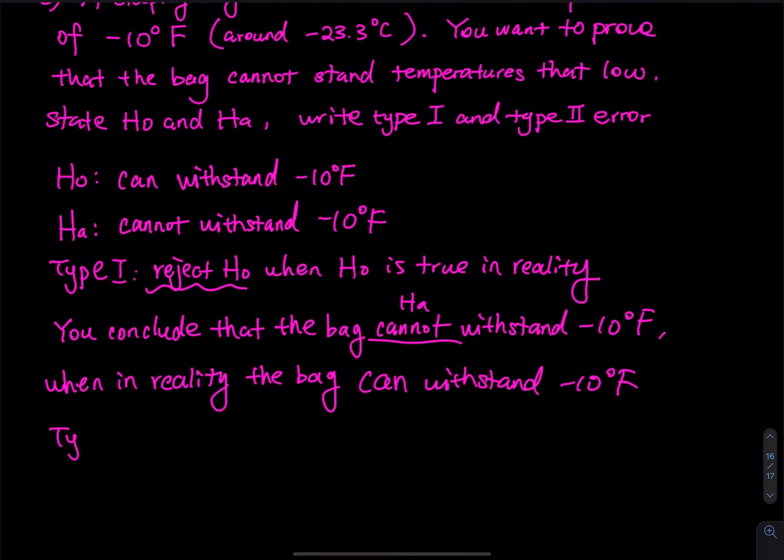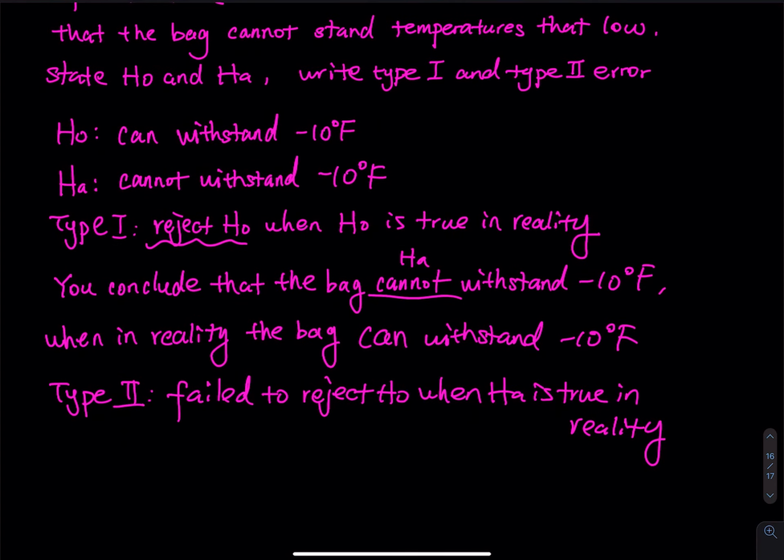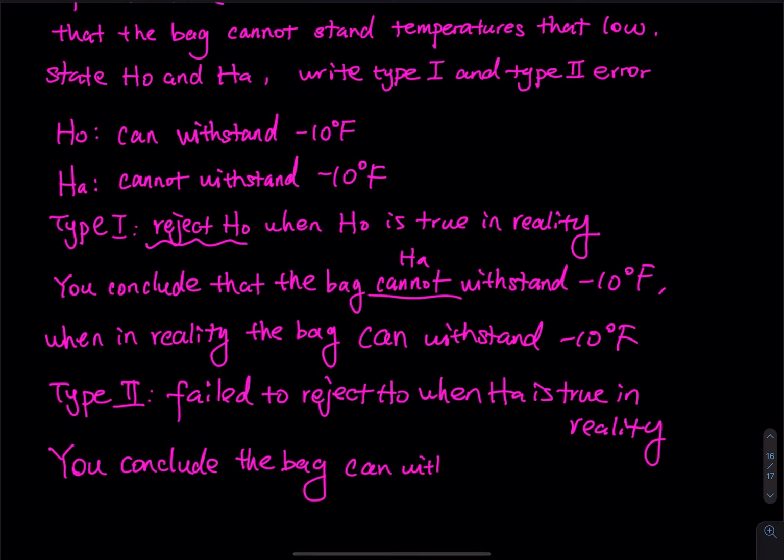And then type 2. Fail to reject H0 when HA is true in reality. What is fail to reject H0? That means the statement is on your table. So you repeat H0 again. So H0 is you conclude the bag can withstand negative 10 degrees Fahrenheit.